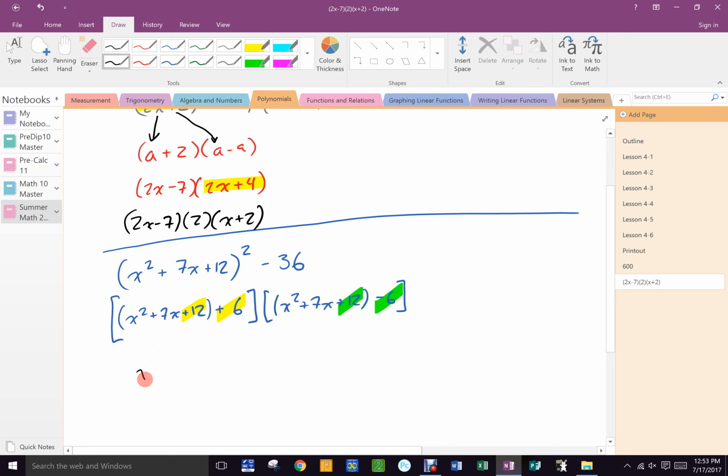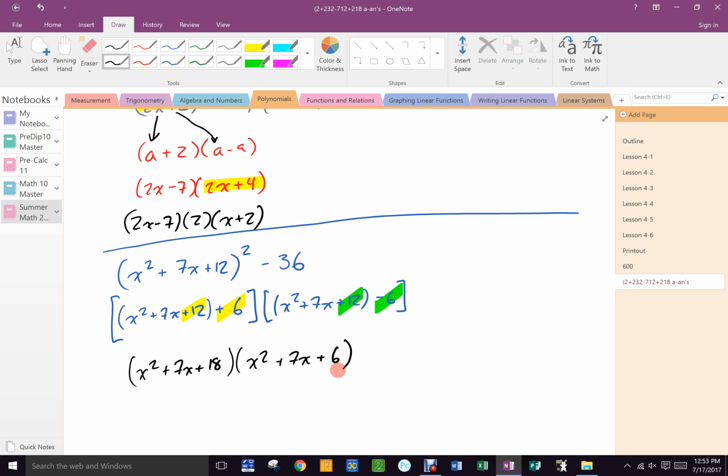I could add them. So could I get x squared plus 7x plus 18? Okay. And what about that side? Plus 7x plus 6, right? Now, does that give you another direction to try?